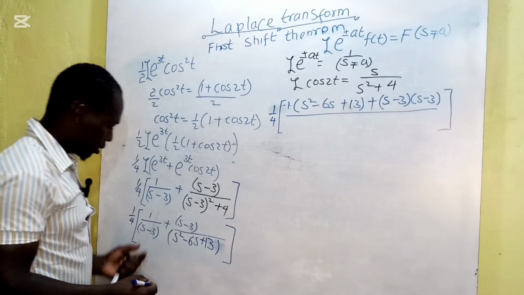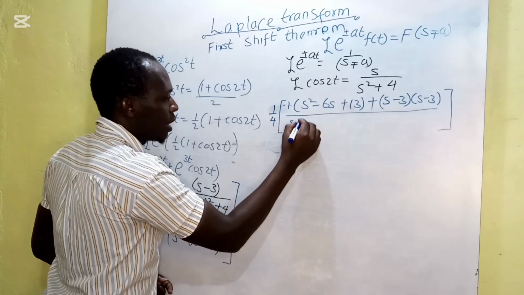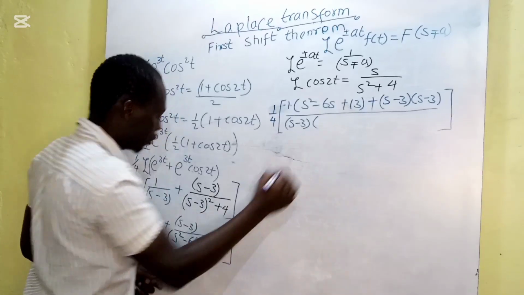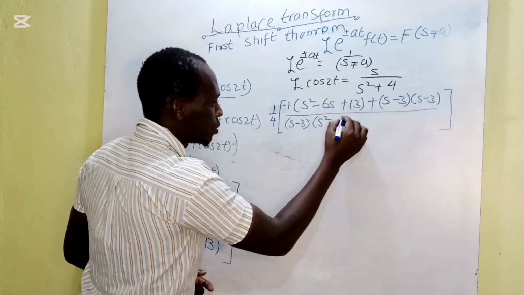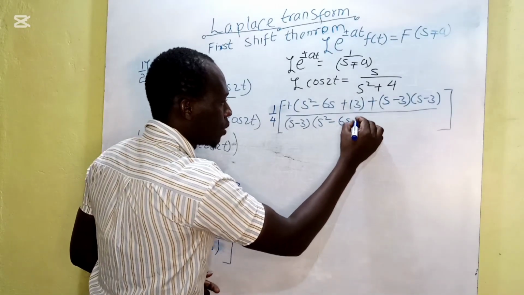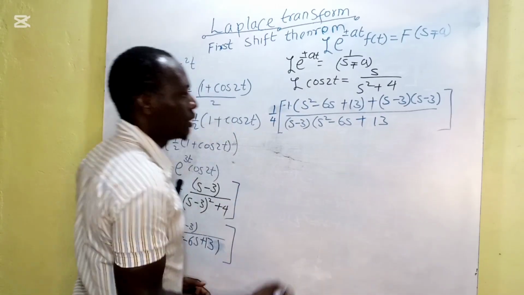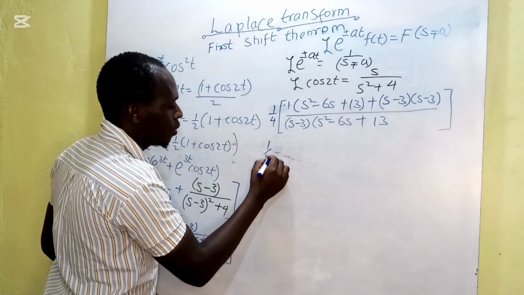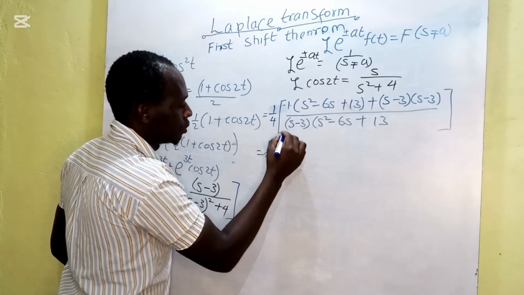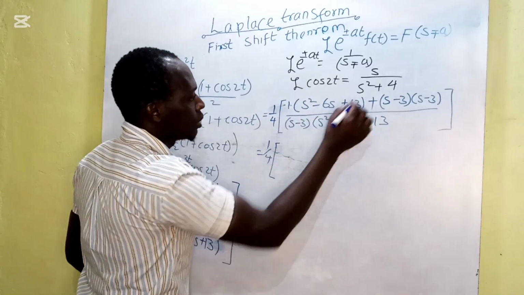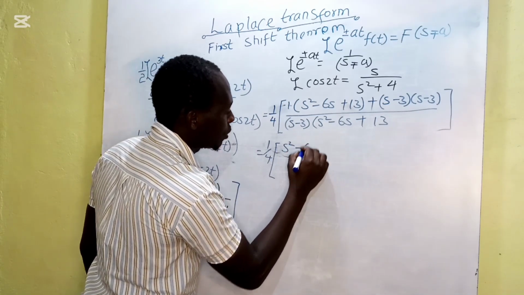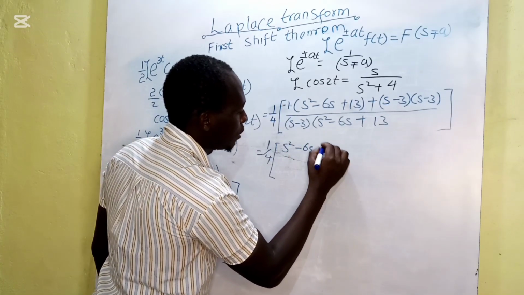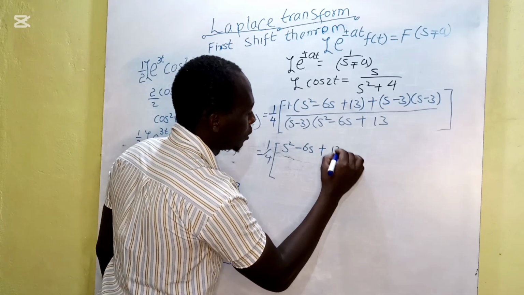All over our denominators, s we subtract from 3 into s squared, we subtract from 6s, we add to 13. 1 all over 4, a quarter. On our numerator, we are going to have s squared, we subtract from 6s, we add to 13.